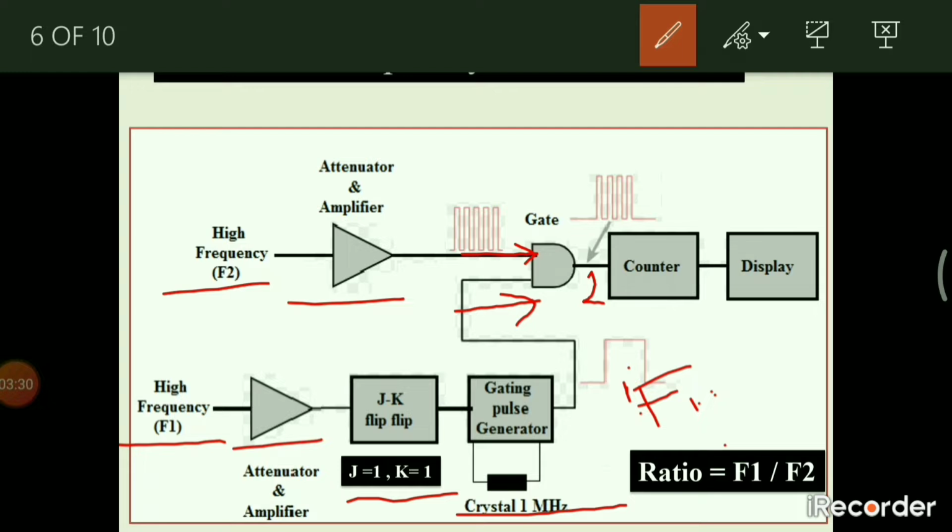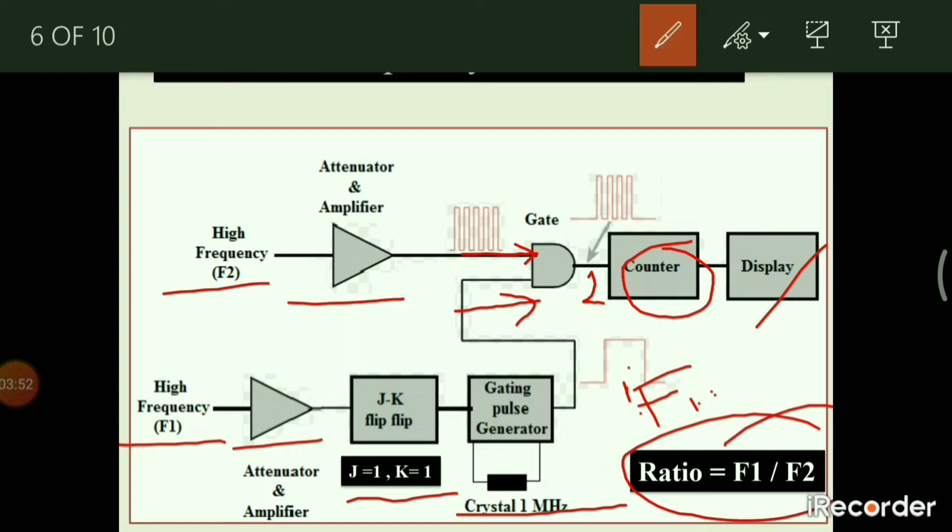So the counter will count the number of cycles completed in 1 second for the frequency F2. That count is nothing but the ratio of F1 by F2, and it is shown in the display circuit.